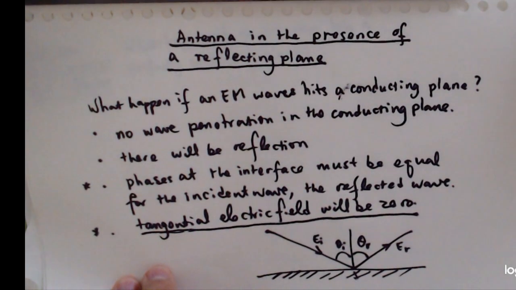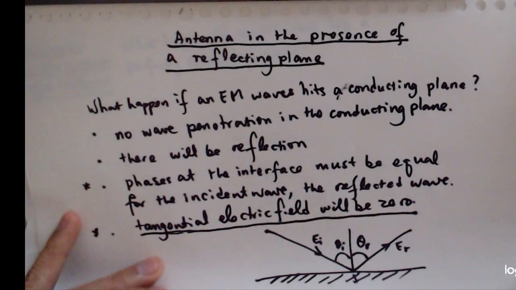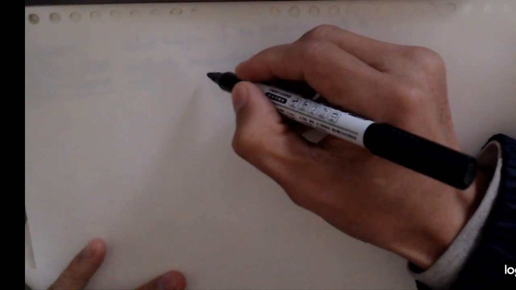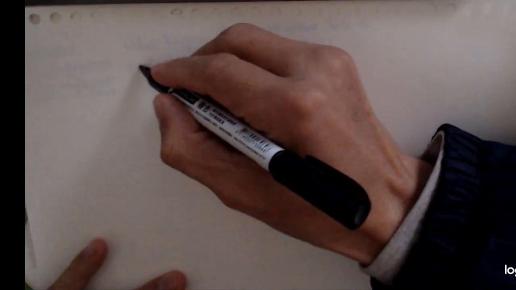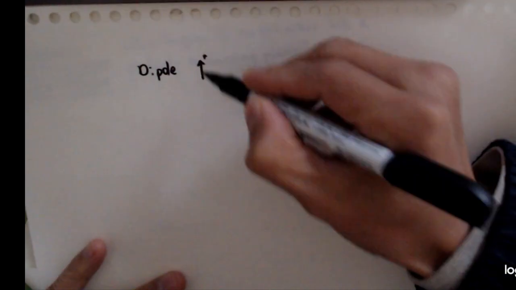Suppose you have a source of radiation. The radiation is a dipole, and the dipole has a positive end and a negative end.